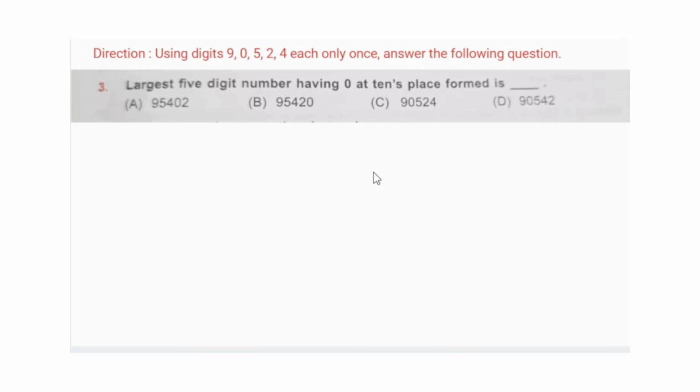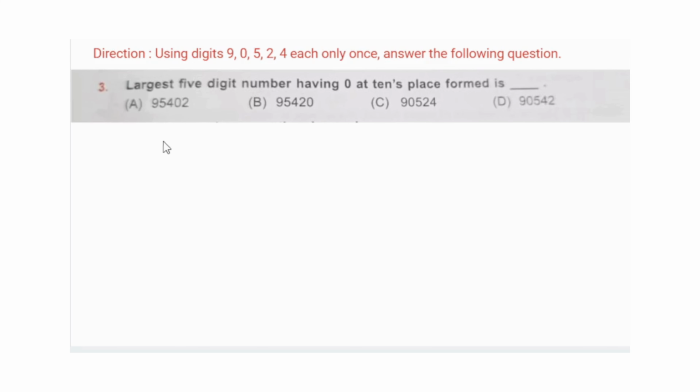So let's look at question number 3 of number sense class 4. The question here is: largest 5-digit number having 0 at tens place formed is. Before that, we have directions that say using digits 9, 0, 5, 2, 4 each only once, answer the following question.